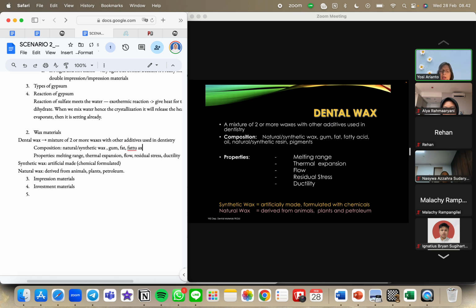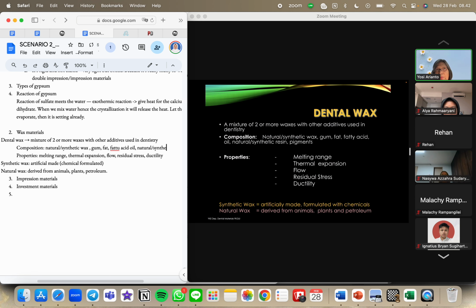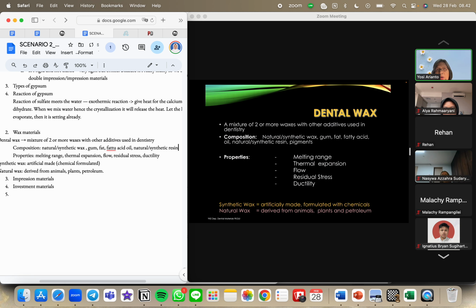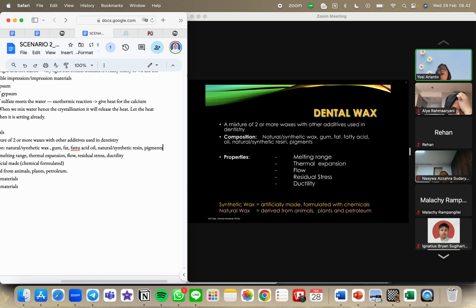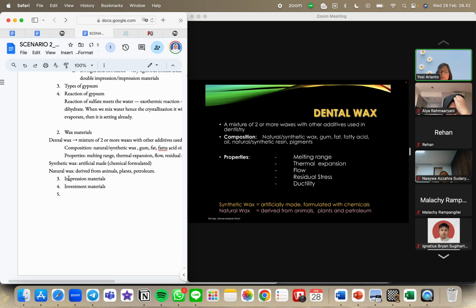They also have ductility, so if you give heat, you can make it more like a wire. So that is the property of ductility.